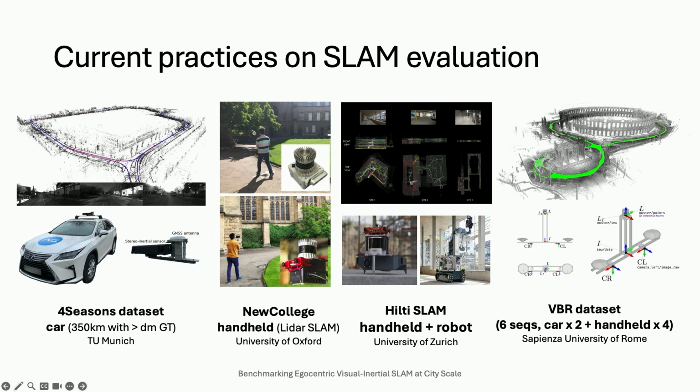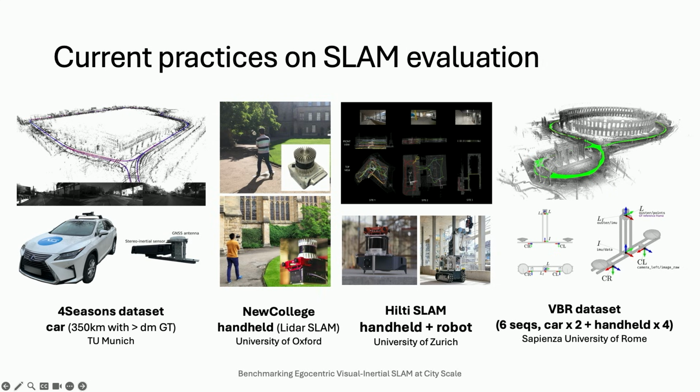And finally, recently there is the VBR dataset, the Vision Benchmark in Rome, which is quite relevant and very good in terms of dataset construction. It also has a multiple sensor setup and a very good level of ground truth. However, because they set up the whole sensor suite themselves, they were not able to scale the dataset very well.